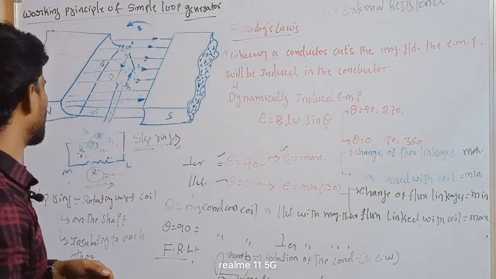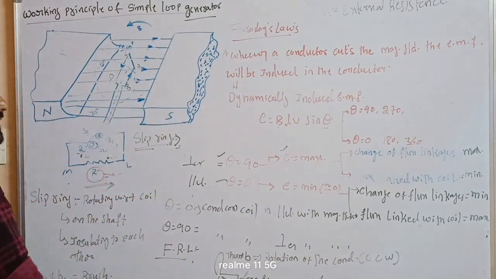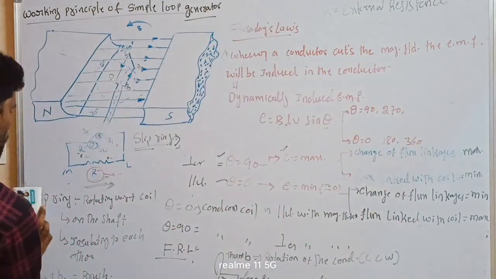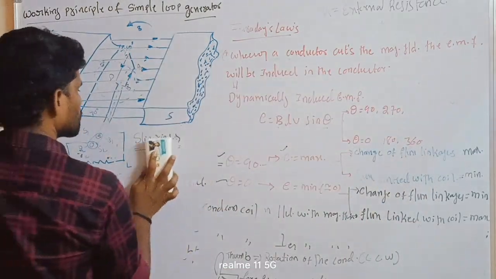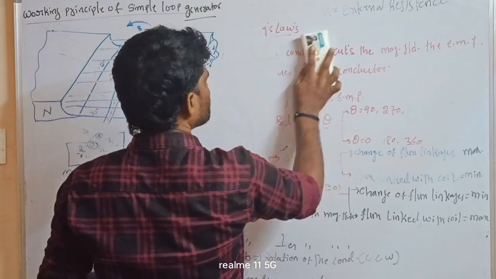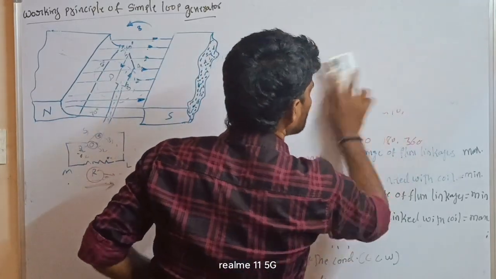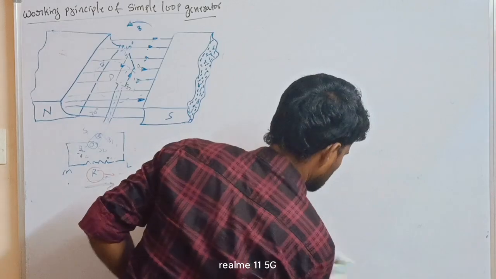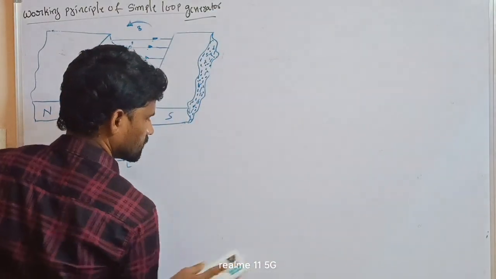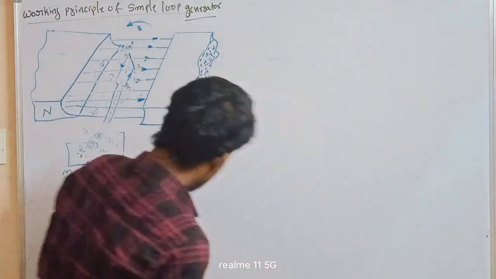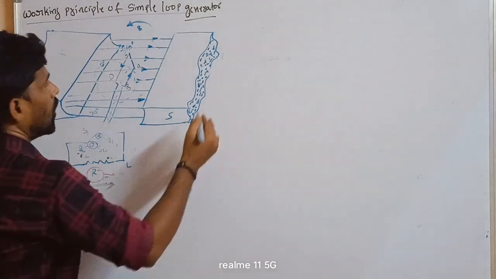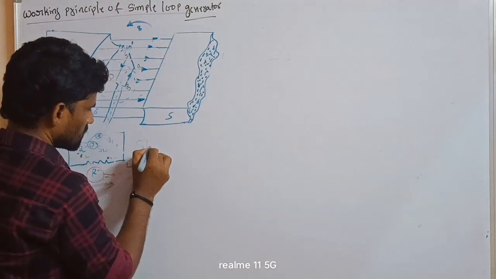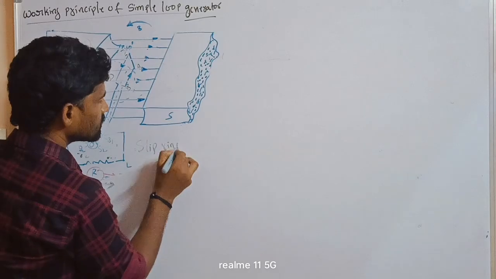So now let us see how to produce AC and how to produce DC, step by step. First we consider only slip rings, the slip ring concept.